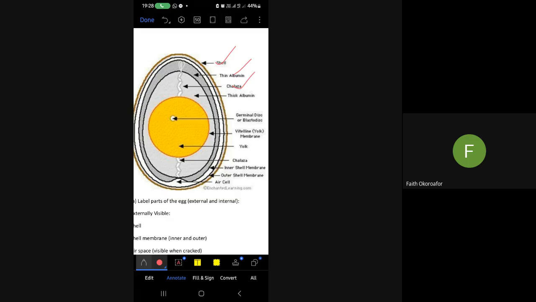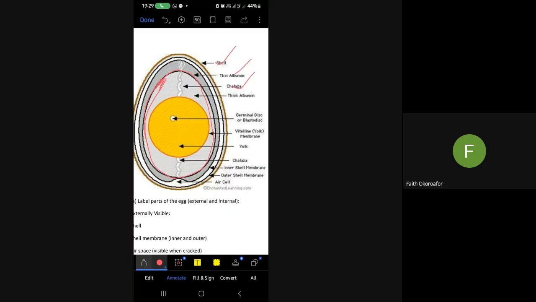Albumin is albumin, whether thick or thin. When you want to draw it, please don't indicate this other division. Just make your albumin show.